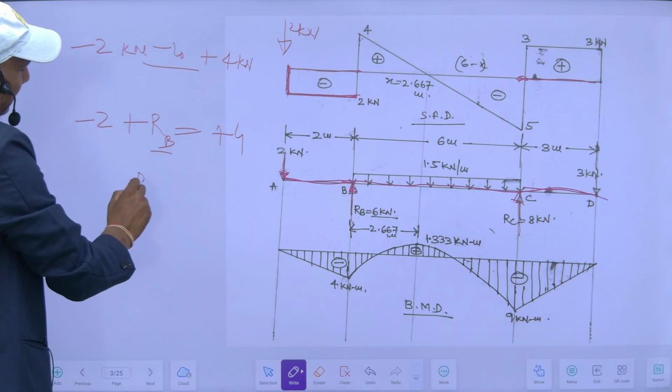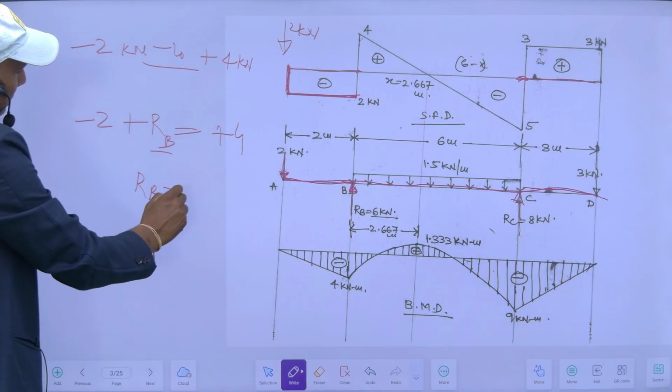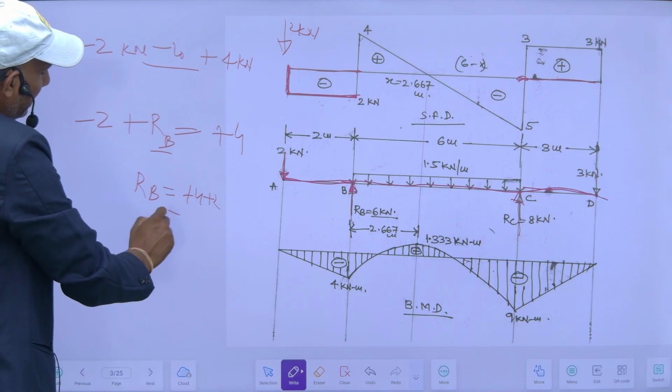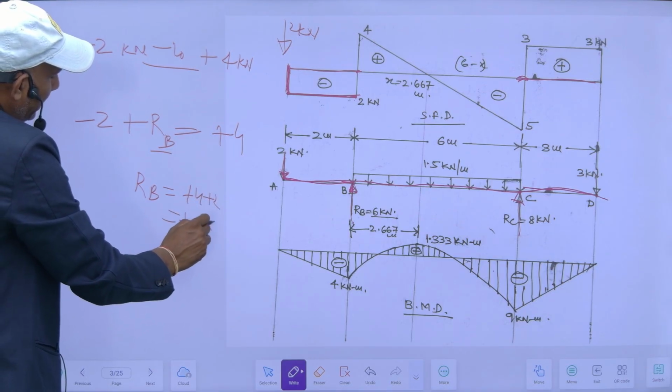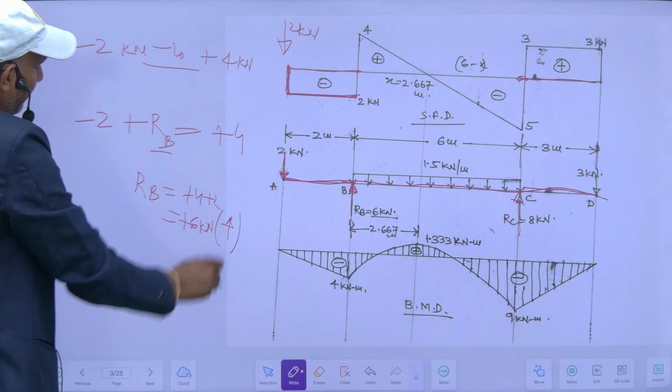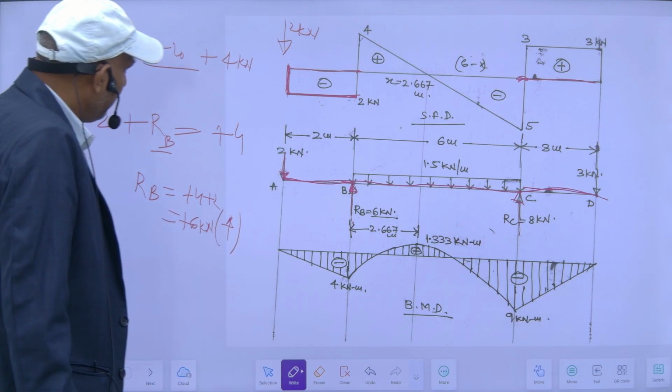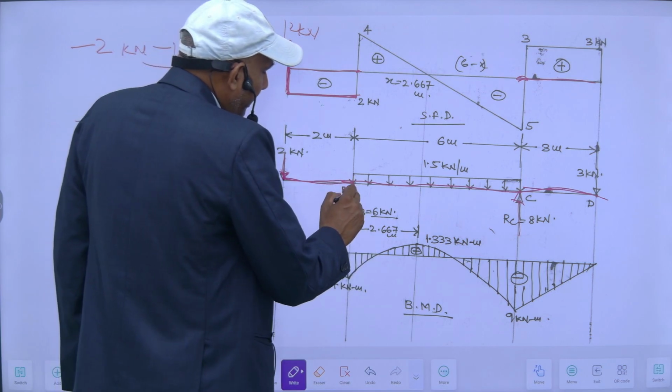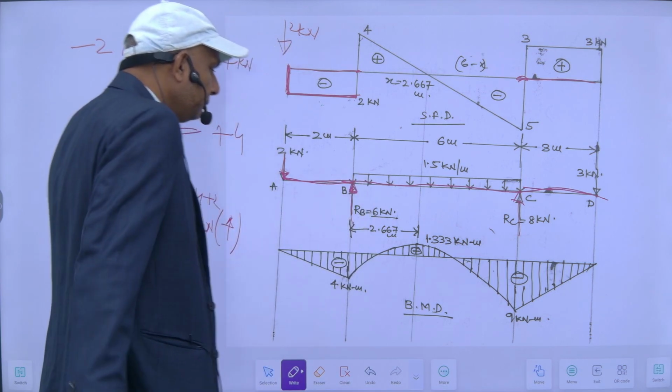So RB will be plus 4 plus 2, that is plus 6 kilonewton, upward. It means there is a vertical reaction of 6 kilonewton at B.